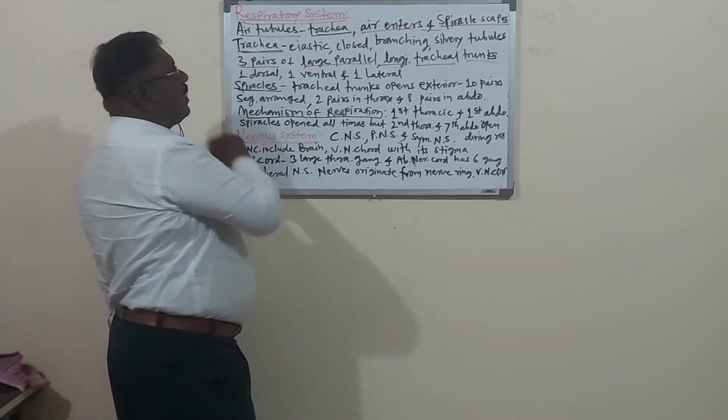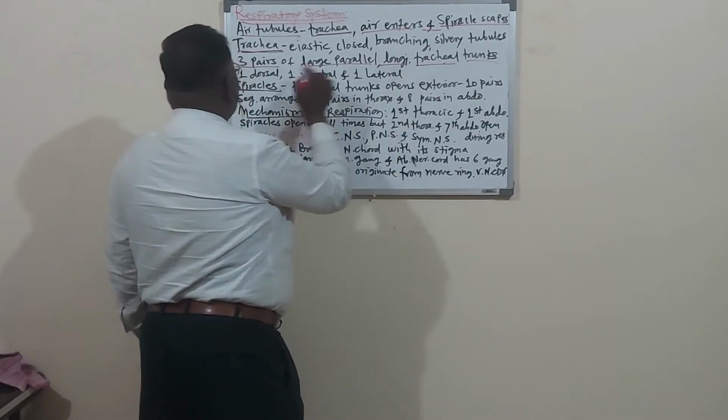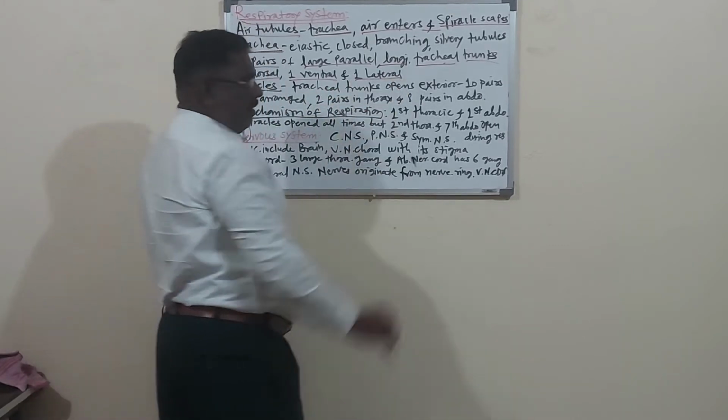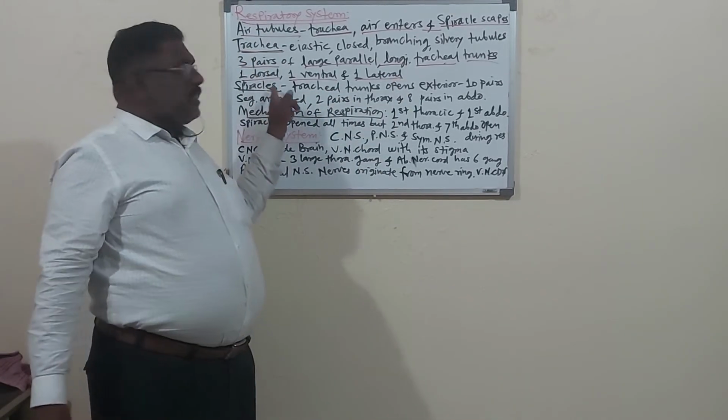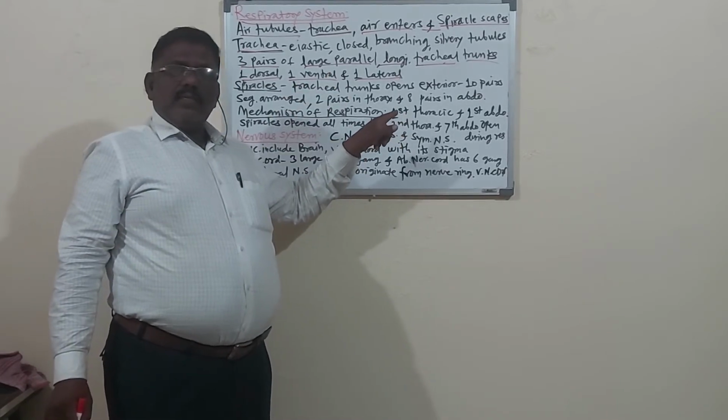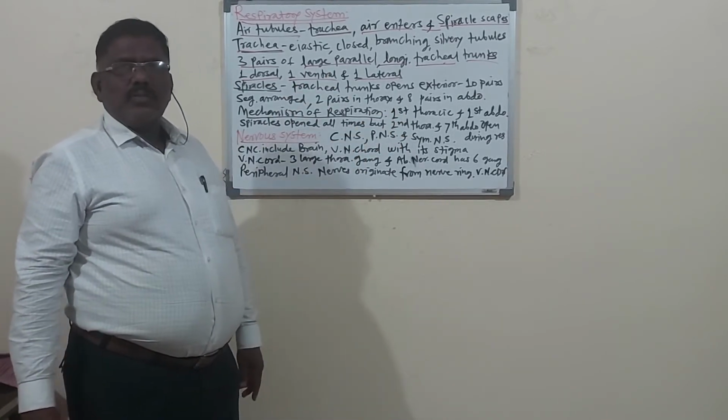One is dorsal, one is ventral, and one is lateral. Dorsal side, ventral side, lateral side, these are the sides of the animal.